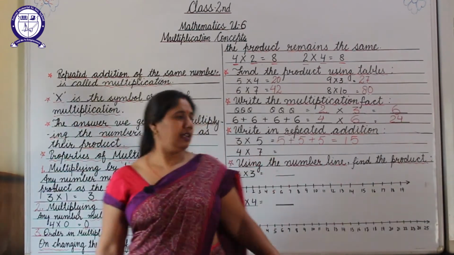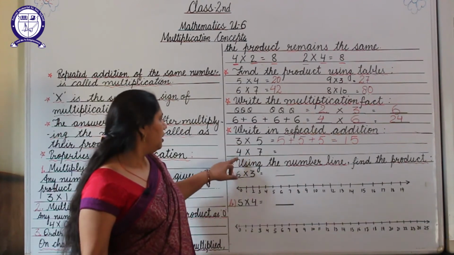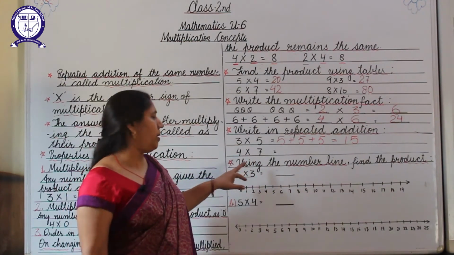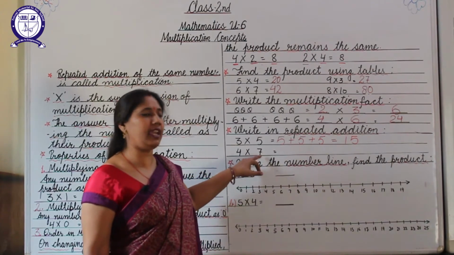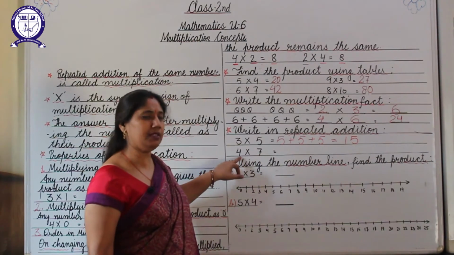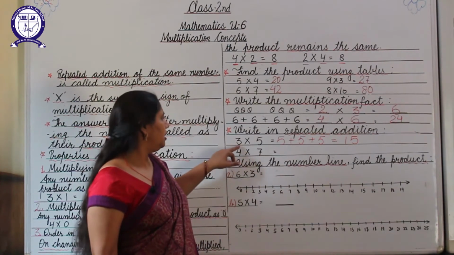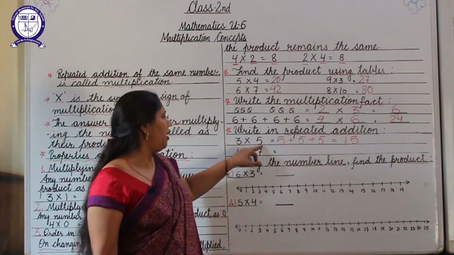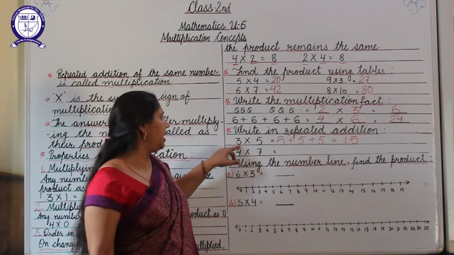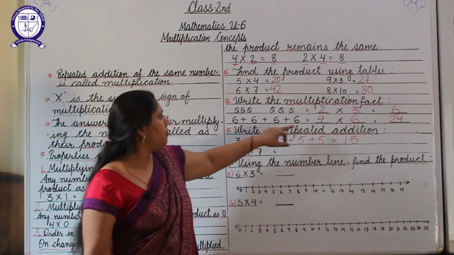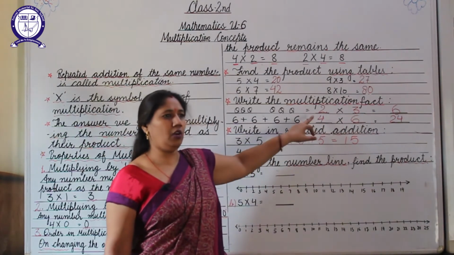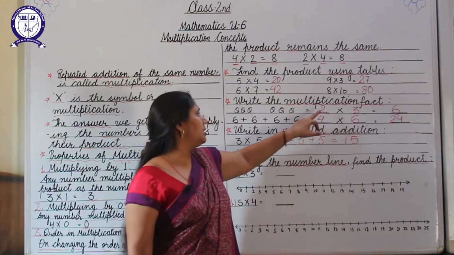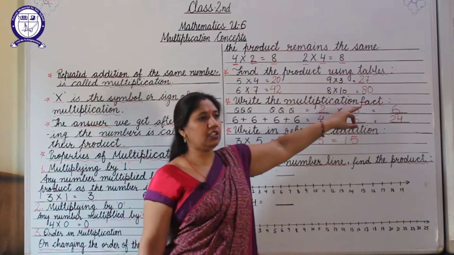Okay beta, let's do the second question. That is, you have to read about 4 times 7. What should you say? 4 times 7. 3 times 5. 4 times 6. 2 times 3.